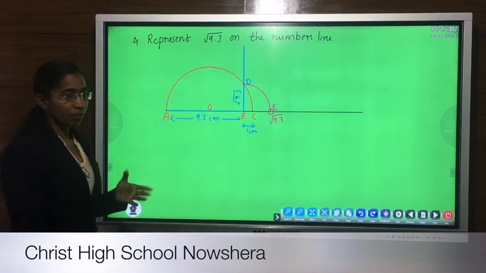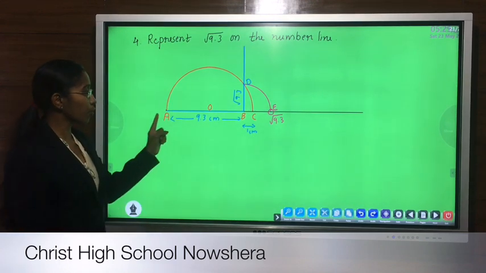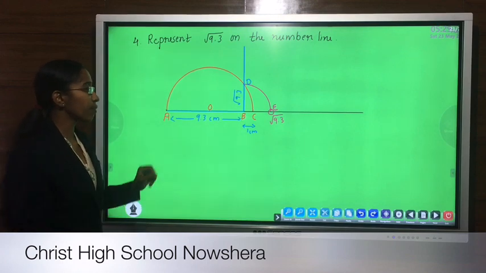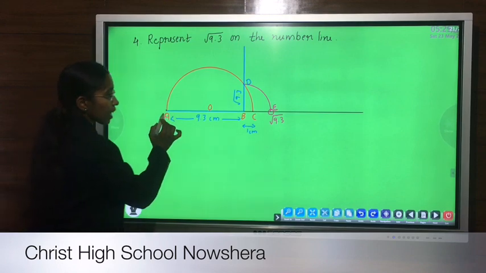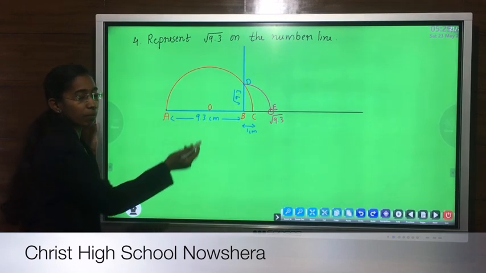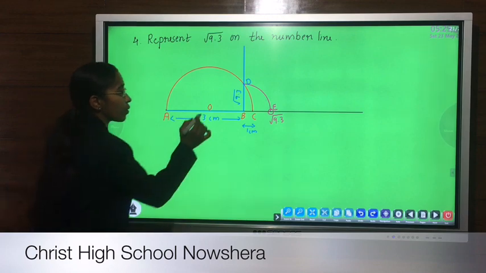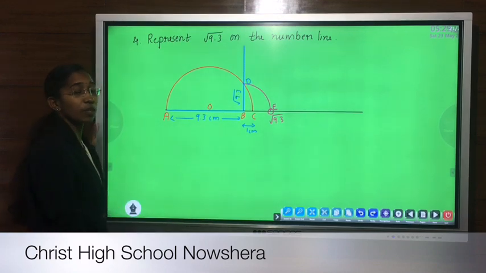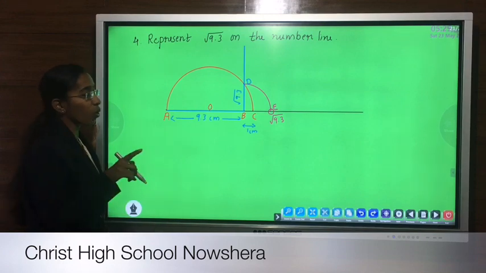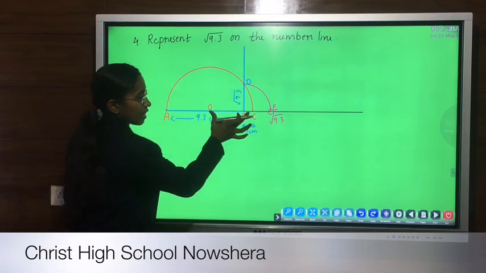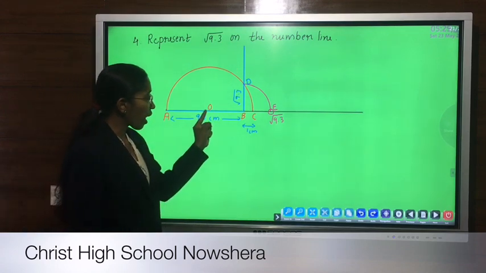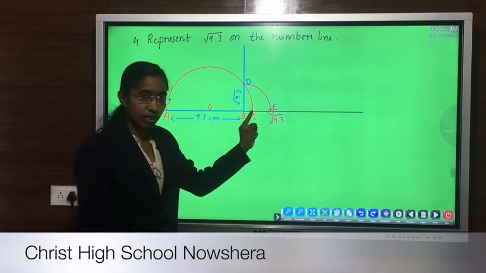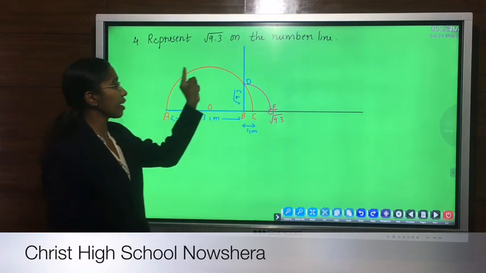And our next step, we have to find the midpoint of AC. You can find that midpoint by compass or scale. So here AC in total is 9.3 plus 1, 10.3 centimeter. So this point O is the exact midpoint of AC. And our next step, using compass, make O as a center and take OC distance and draw a semicircle.